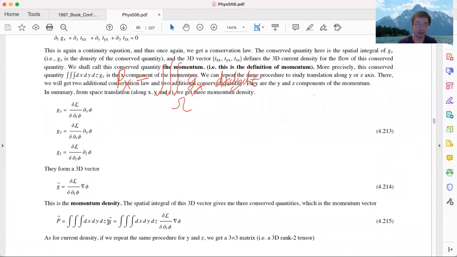And if we integrate this momentum density over some region, we get our conserved quantity, which is momentum. So again, we find that translational symmetry in space also gives us a conserved quantity. Actually, it's not one conserved quantity, it's three conserved quantities, one for x, one for y, and one for z. These three conserved quantities together form a 3D vector, and this vector is just what we call momentum in mechanics.